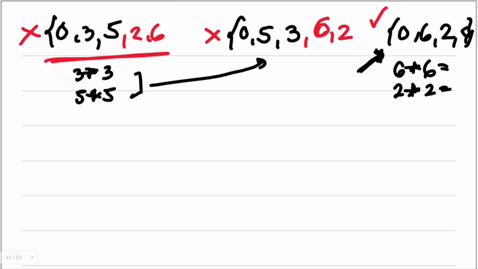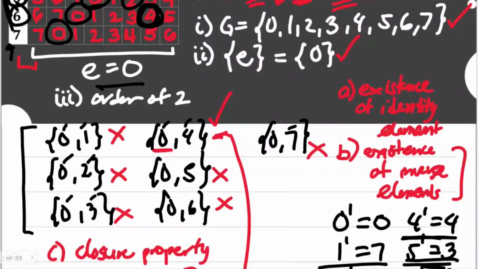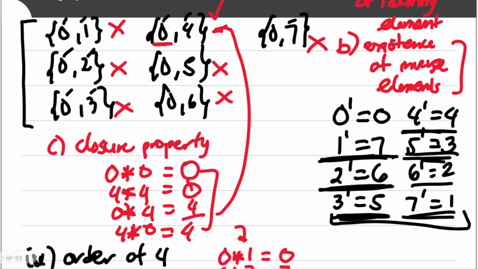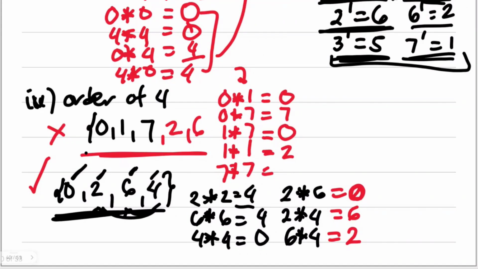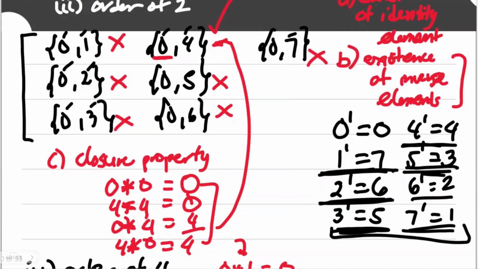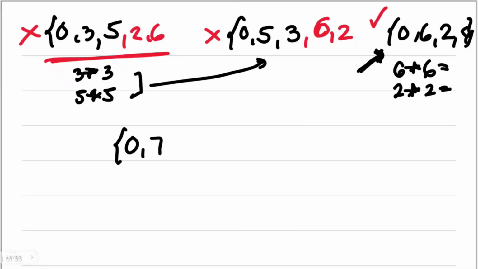The final remaining pair that we have dropped earlier on order of 2 is 0 and 7. But similarly, the inverse of 7 is 1. So just like this one here, 7 and 1 are here. But we have 7 star 7 and 1 star 1.